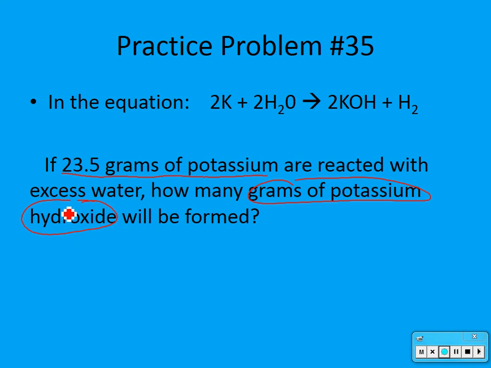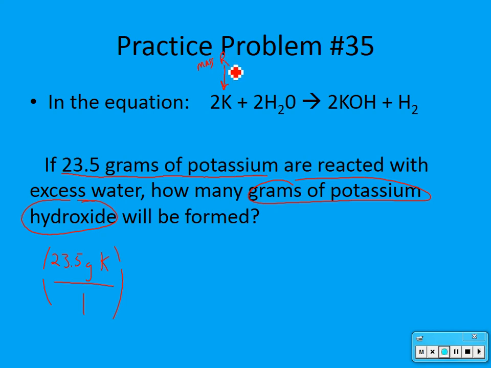Okay, let's line up the calculations here. So we're starting with 23.5 grams of potassium. Potassium is just K. I'm going to put that over 1. Okay. So now let's look at the roadmap. We are at grams of potassium, so that's mass of a reactant.